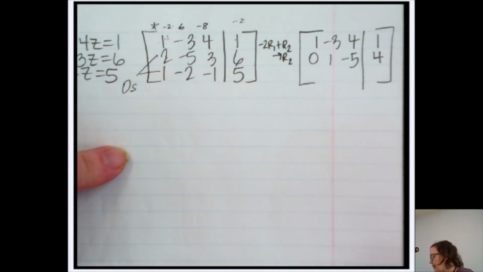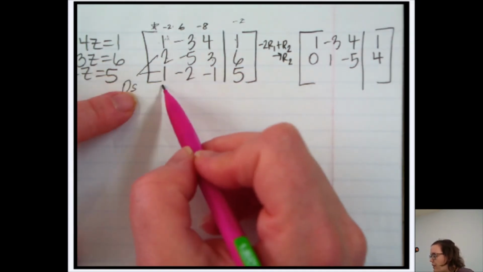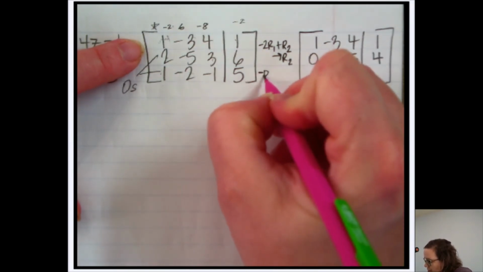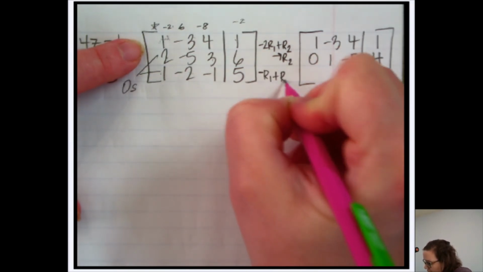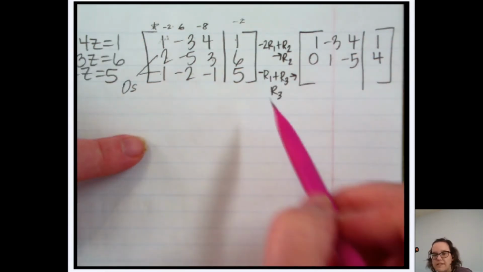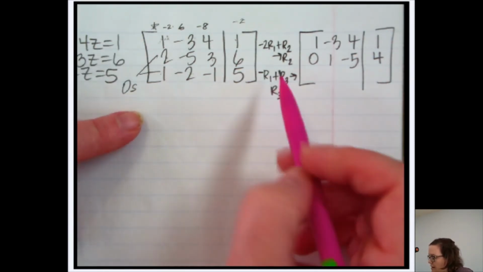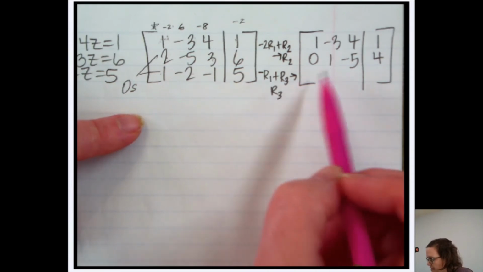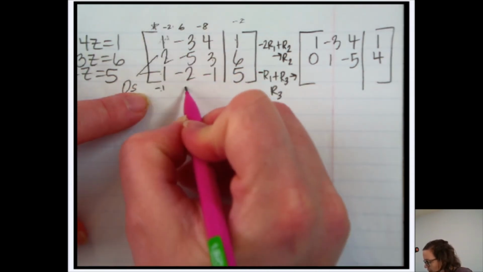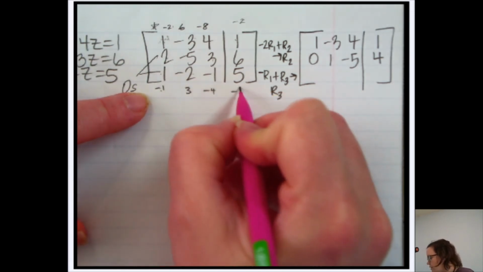Okay. Now we want opposites for the bottom as well. Since these are both 1s, all we have to do is multiply the top by a negative, or the bottom by a negative, it doesn't matter. Okay. But then we just add it to row 3 and put it here. So if I take my top by the opposites, I have negative 1, positive 3, negative 4, negative 1.